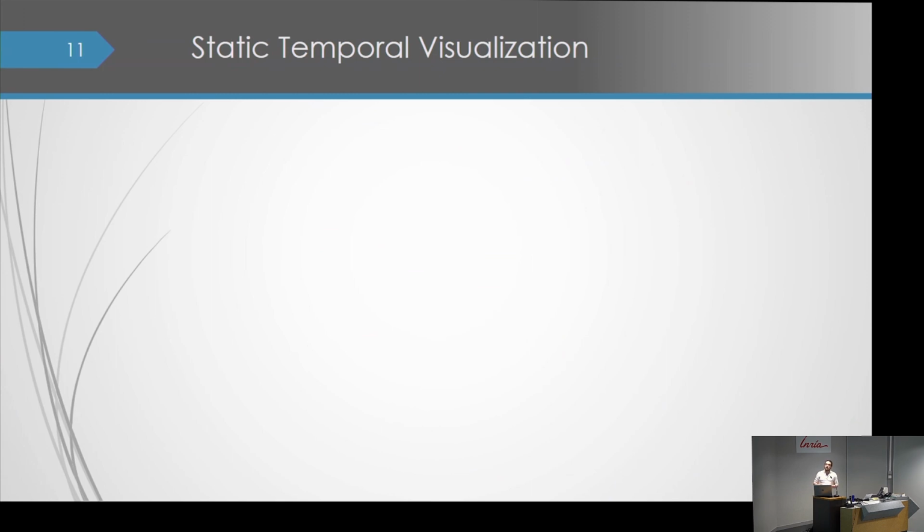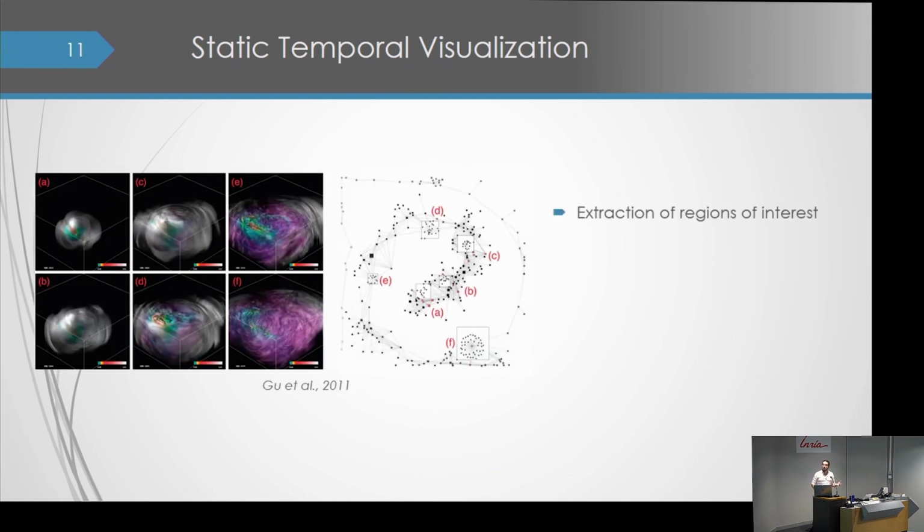So the second main class of temporal visualization is static visualization. Here the point of this method is to try to map time on space, on the spatial dimension. The main motto here is eyes beat memory. The idea is to support the analysis by having direct access to the temporal information. For example, it can rely on the extraction of regions of interest.